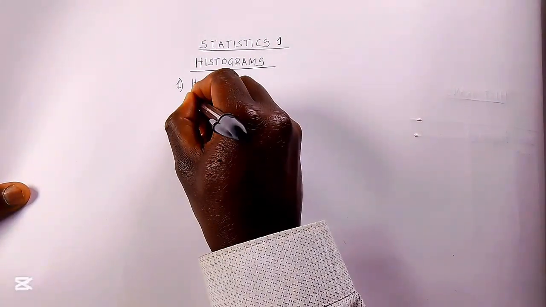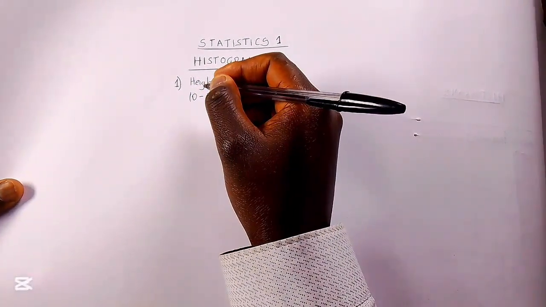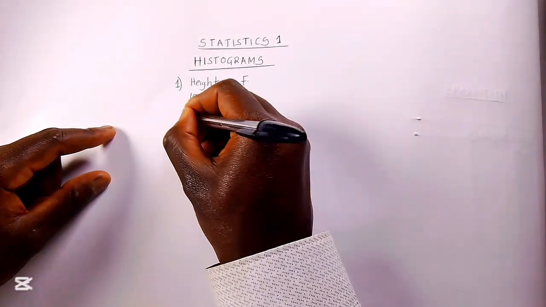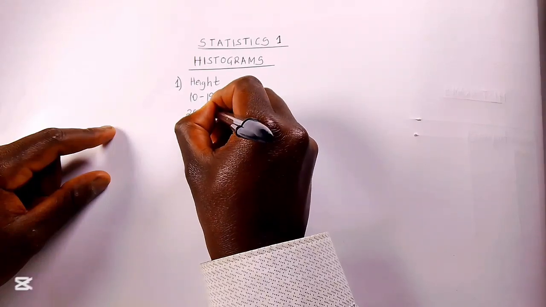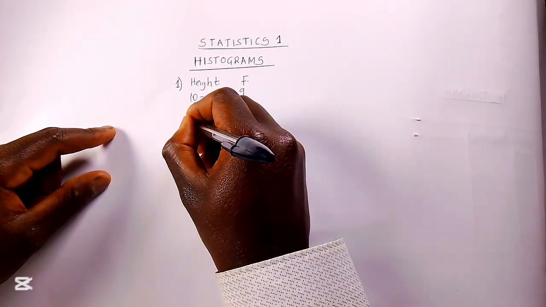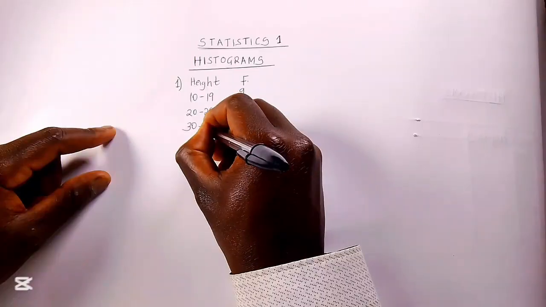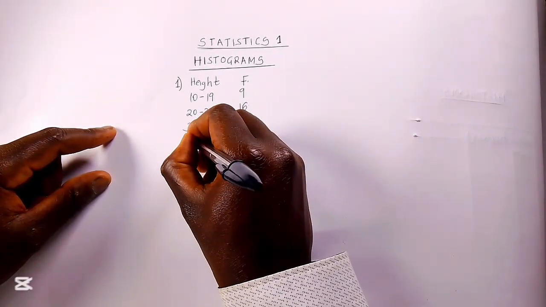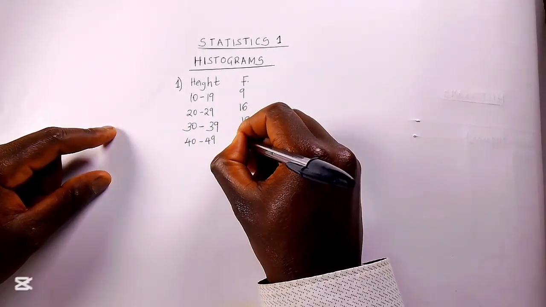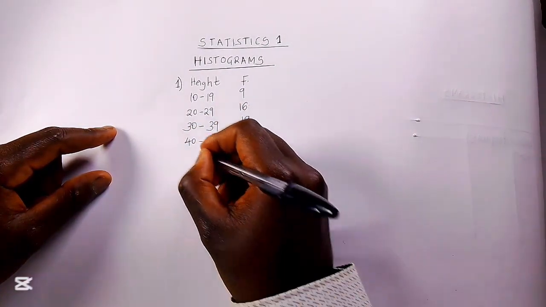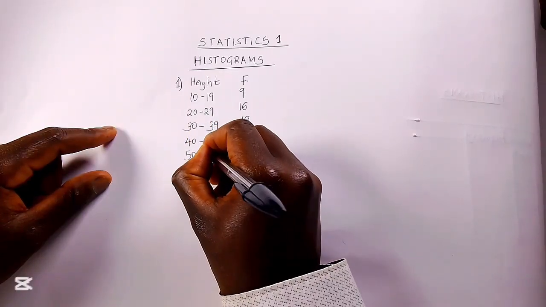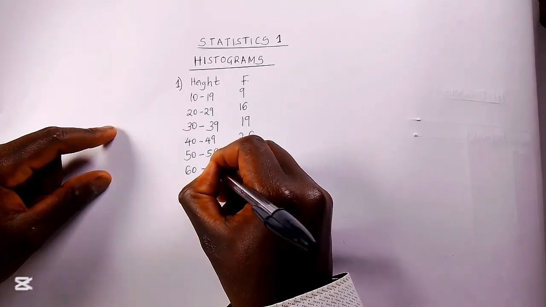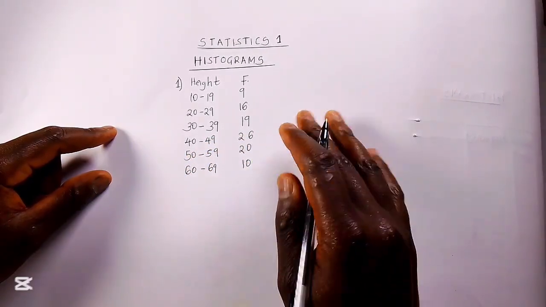We have 10 to 19, and the frequency is 9. 20 to 29, the frequency is equal to 16. 30 to 39, the frequency is equal to 19. 40 to 49, the frequency is equal to 26. 50 to 59, the frequency is equal to 20. 60 to 69, the frequency is equal to 10.